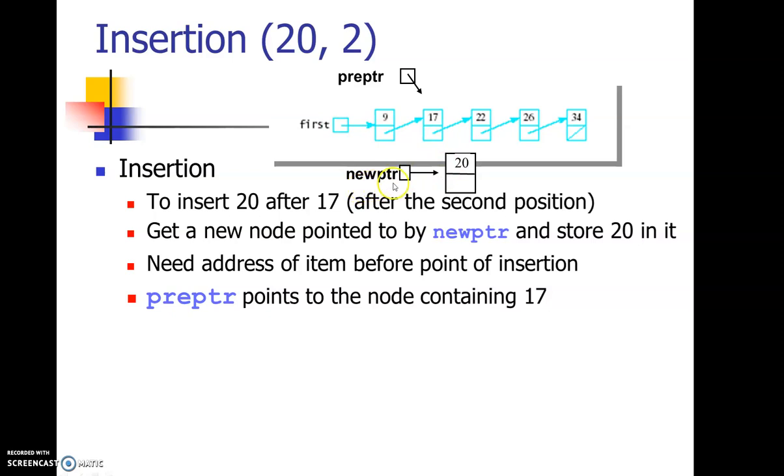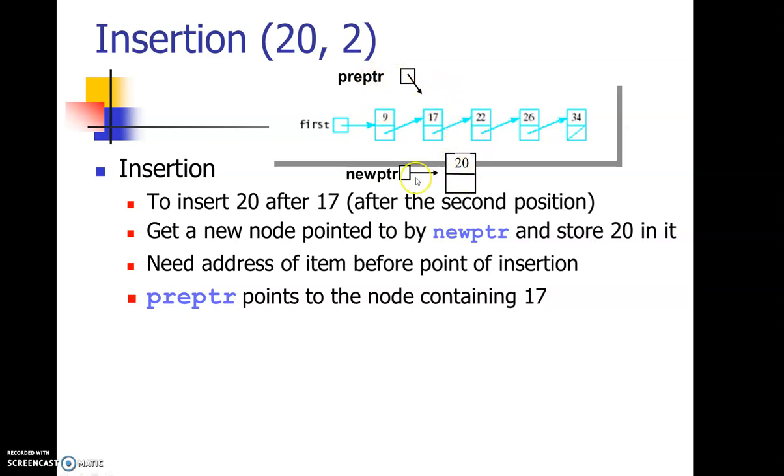We have a new pointer pointing at the new space that we have created. And we need a pre-PTR, starting from the top or first pointer, walking through until the element in front of where we want to insert the new item. That is what the pre-PTR is trying to do.